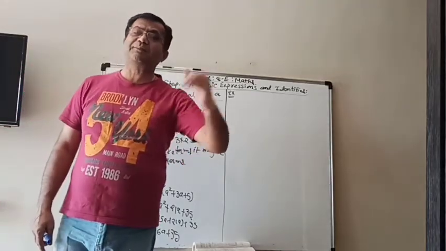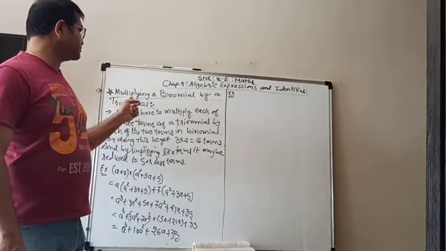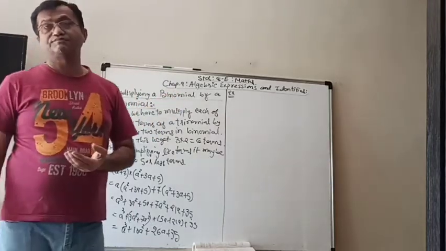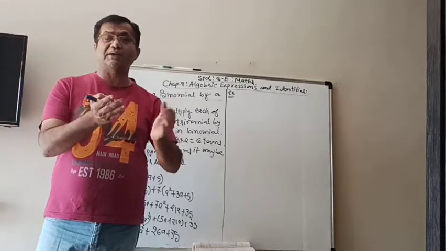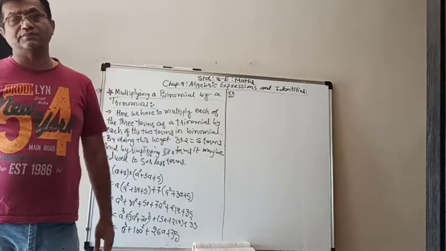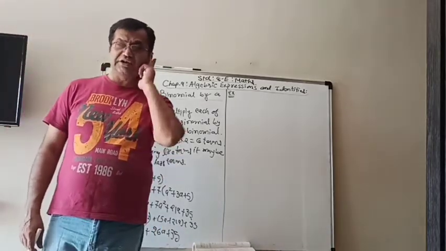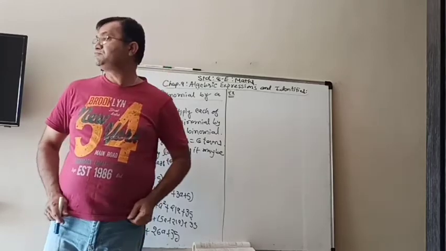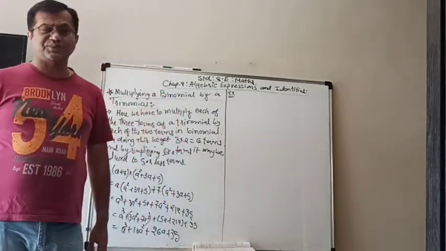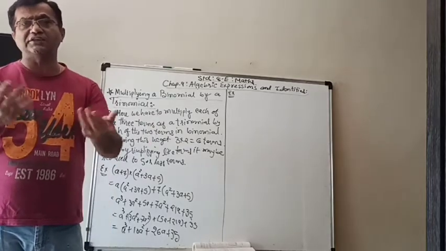Now one step ahead, today we are going to understand how to multiply a binomial by a trinomial. Means one of them is a binomial and the other one is a trinomial. It is the same as what we did with a binomial and a binomial: each term of both expressions will be multiplied with each term of the other expression.